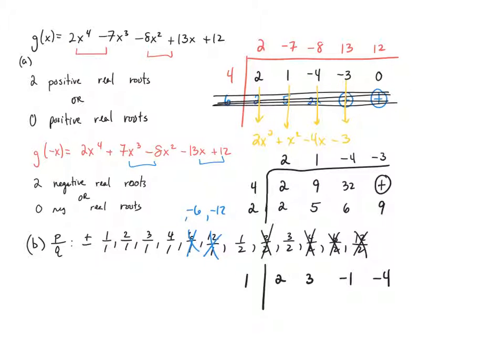So if the rational root doesn't work, you guarantee that there is an irrational root between 2 and 1. So let's try 3 halves then. So 3 over 2 times 2 over 1 is 6 over 2, which is 3, plus 1 is 4.